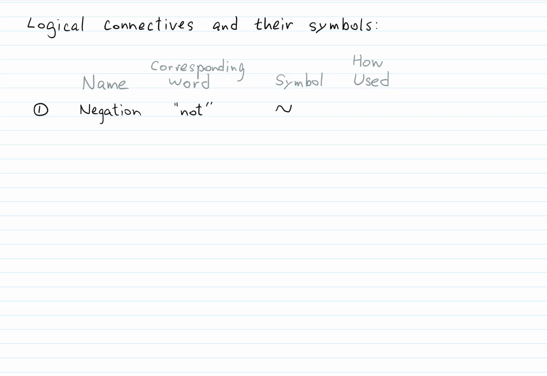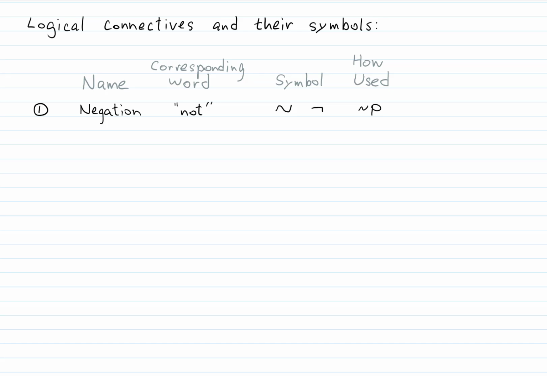Now in computer programming, a lot of times you'll see this instead, not with the parentheses. Here, let me take the parentheses off. It would be either one of those two symbols. Okay? And how is it used? It's used like this. Okay? That's how it'd be used.